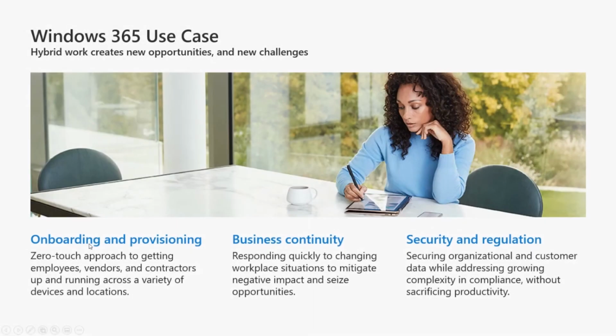So let's talk about Windows 365 now, and specifically about the use case. While we know the hybrid model creates new opportunities, at the same time it creates a lot of issues and challenges. When you have a mix of remote and on-premises users, onboarding and provisioning the PC for them is a key challenge.